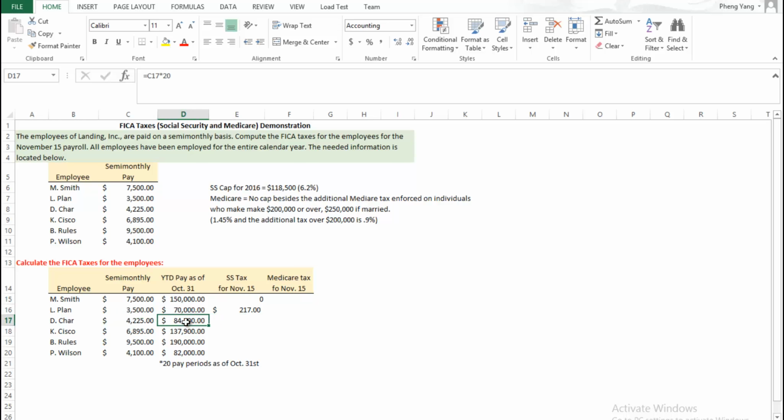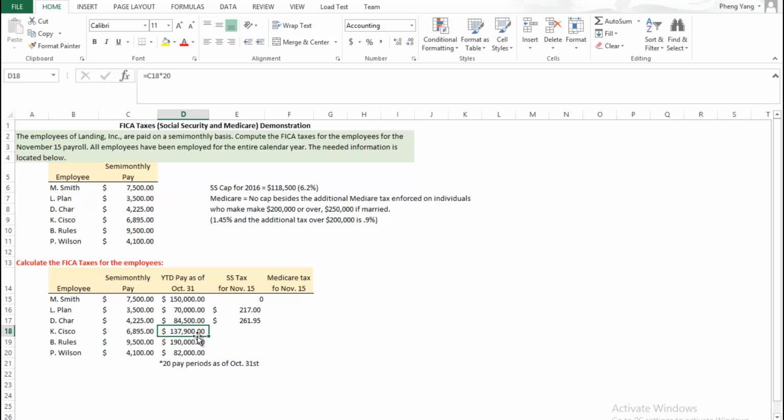As of October 31st, Char has only made $84,500. So if we add $84,500 to the $4,225, he has only so far made $88,725. So he is still well under the cap, and he will be entitled to pay Social Security at $261.95.